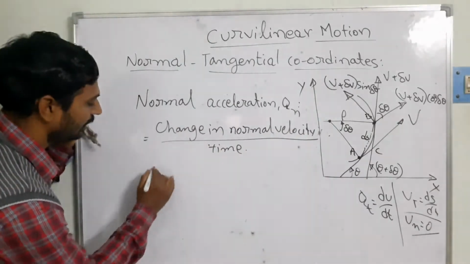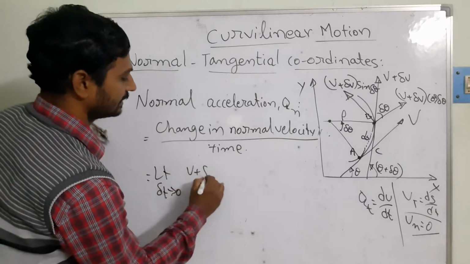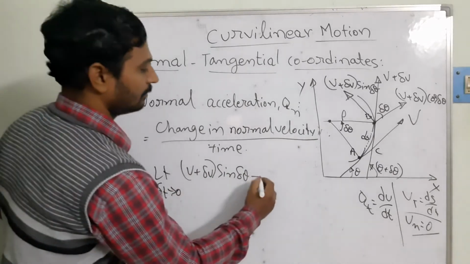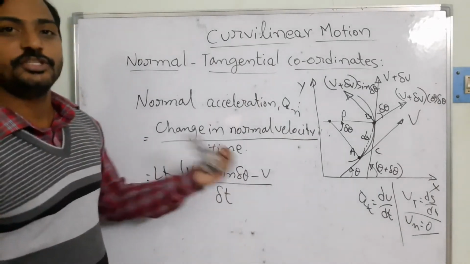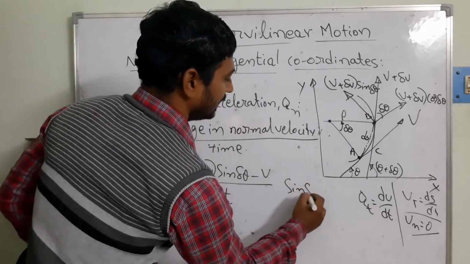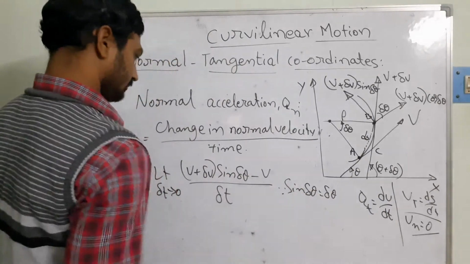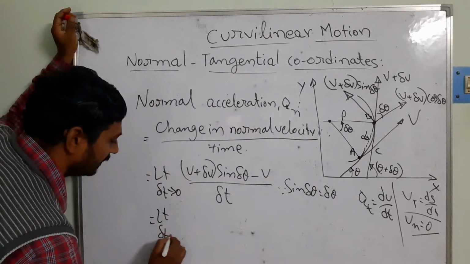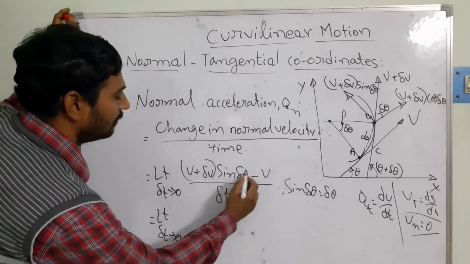So I take the limit del t tends to 0 of (V plus del V sin del theta minus V) divided by del t, because we need the change in velocity. Further simplification: sin del theta is equal to small del theta, which is all we consider. Substituting in this equation, the limit del t tends to 0, this component becomes del theta.